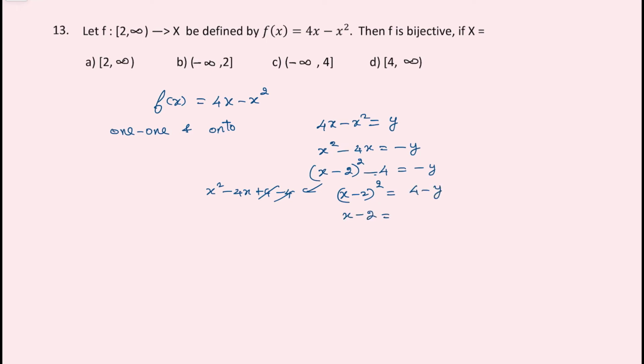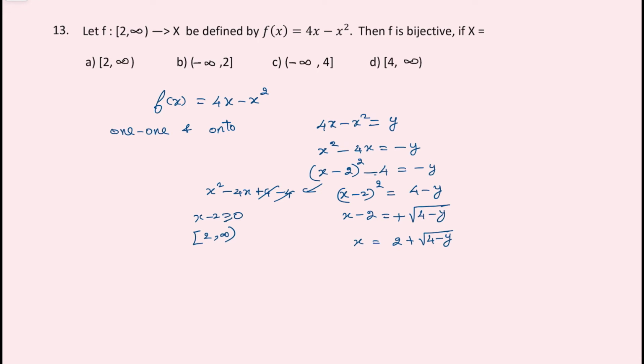X minus 2 will be root of 4 minus y. We don't put plus or minus sign because x minus 2 is greater than or equal to 0, because the domain is 2 to infinity, no? So only plus sign should be written here. Therefore, x is 2 plus root of 4 minus y.